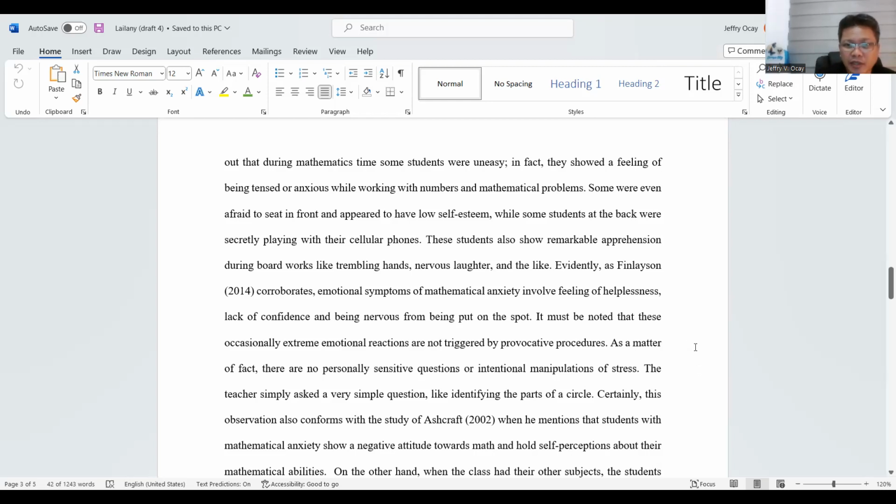Now, I want to dwell a bit on this. Citations. We know, of course, that in research we need to cite as much literature as we can as a support to our claim and to show that indeed what we're doing is real research, not just an essay, not just a literary piece. It's research because there are several famous scholars working on this topic, and there are several scholars supporting my claim.